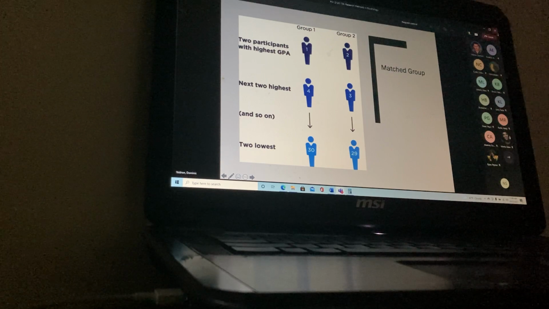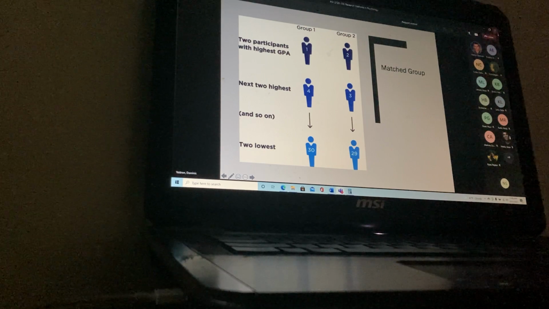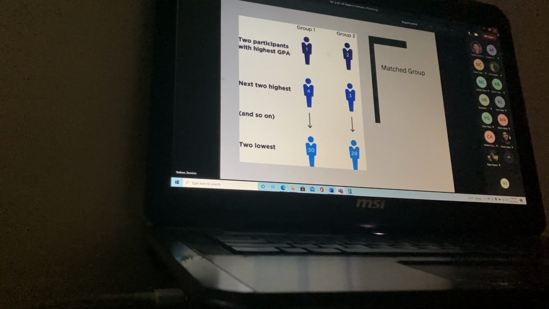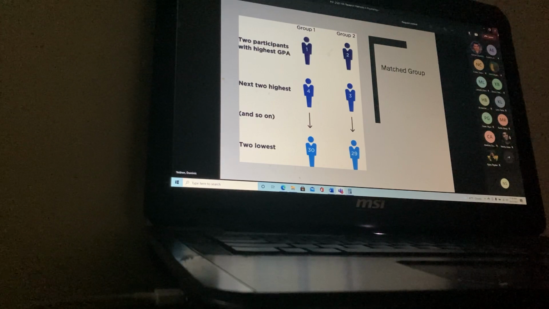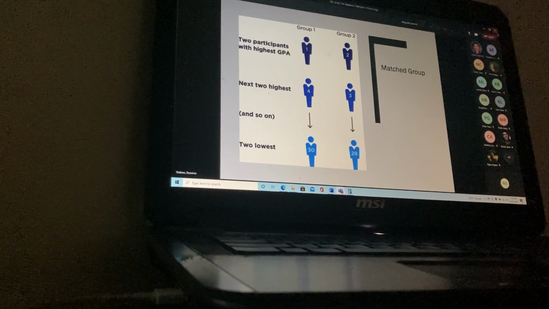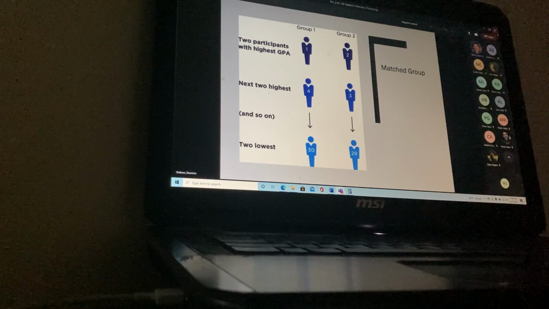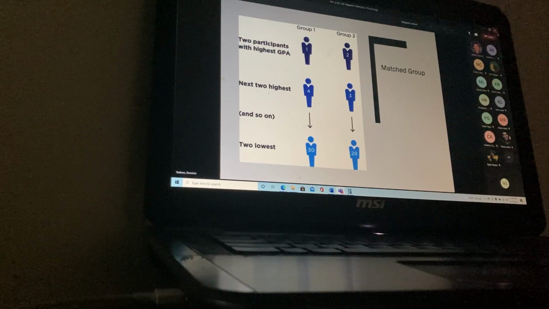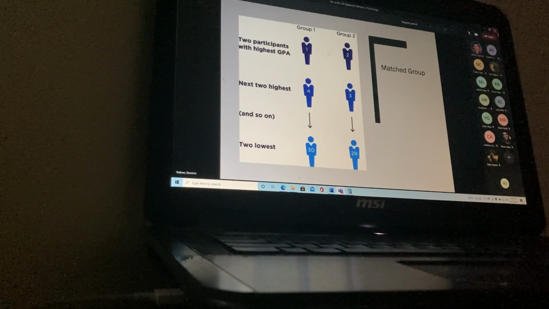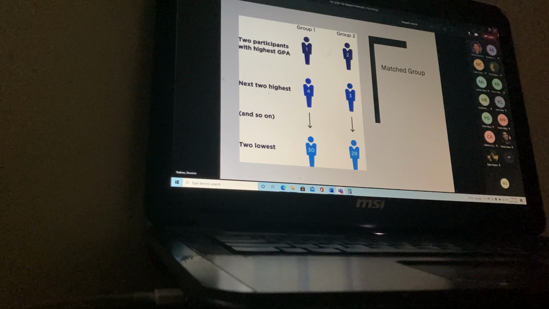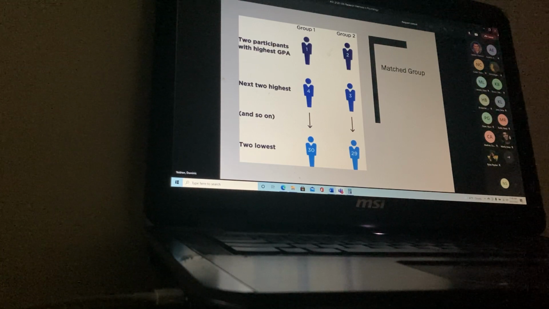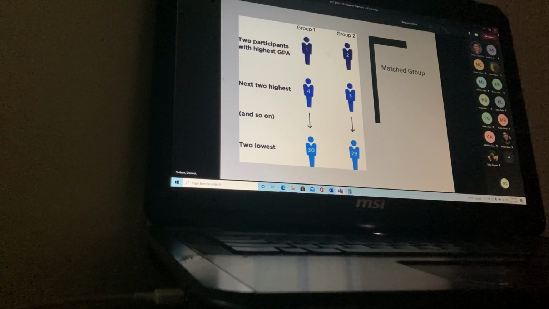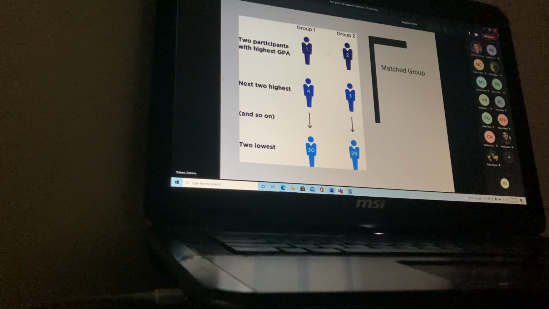So if you imagine we had a design where we have an intervention of like tutoring, right? And in one group they get tutoring, and in the other group they don't get any tutoring, or they get something else. And we really want to make sure that there's no differences between the groups in academic performance, right?